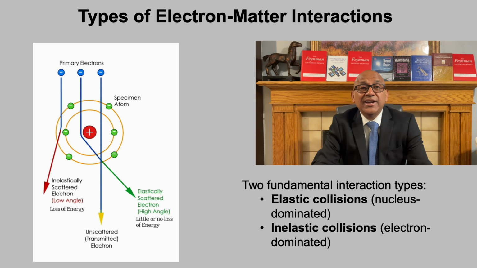If, instead, the electron interacts with the electrons of the atom, it loses part of its energy and is deflected through a smaller angle. This is an inelastic collision, shown by the shallow energy loss trajectory on the left. These two interaction types, elastic and inelastic collisions, form the basis for all signal generation in electron microscopy.